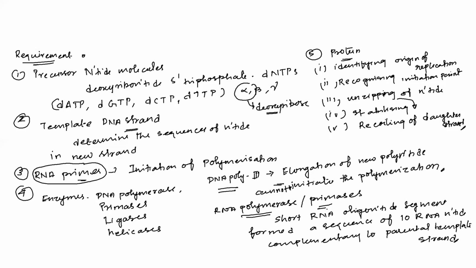So this DNA polymerase is going to recognize this RNA primer and add DNA nucleotides to its 3' end to construct a new DNA strand. Then once it has done, this RNA primer gets cleaved off and is replaced by DNA nucleotides. These are the things which you should remember before we actually talk about DNA replication. So these are the requirements. So let's come back.